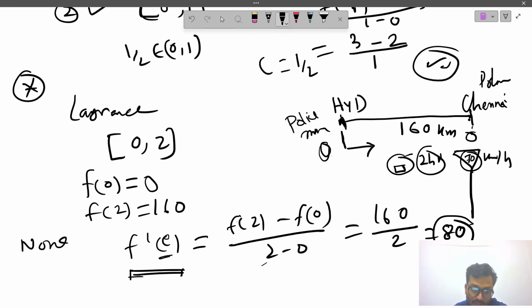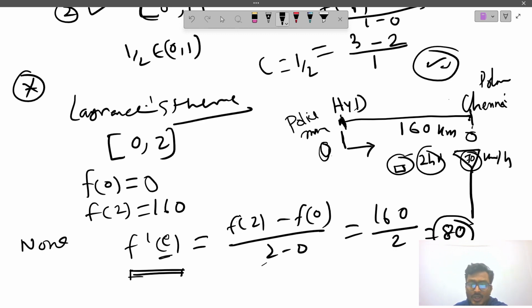That means somewhere this person crossed the limit of 70, because the instantaneous velocity is also 80 somewhere. So you have to pay a fine or you will be arrested, right? So this is an application of Lagrange's theorem.